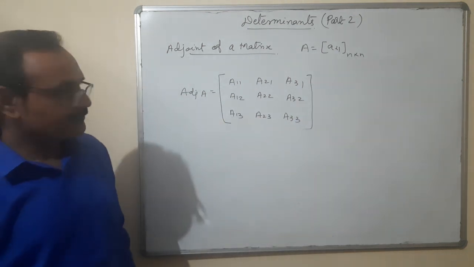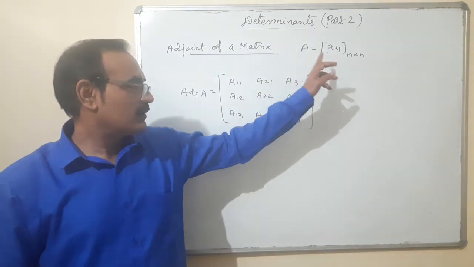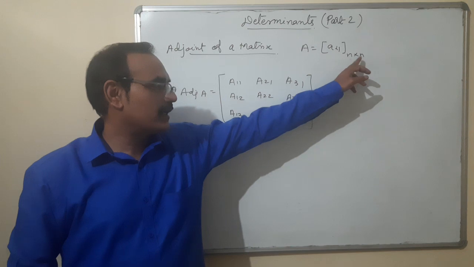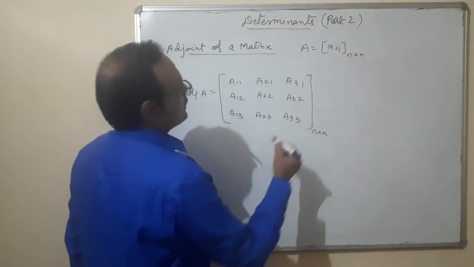What is it? The adjoint of a matrix is defined like that, for a matrix A of order n cross n.